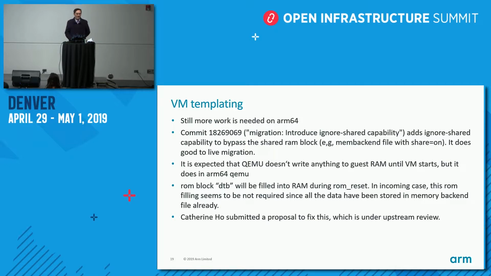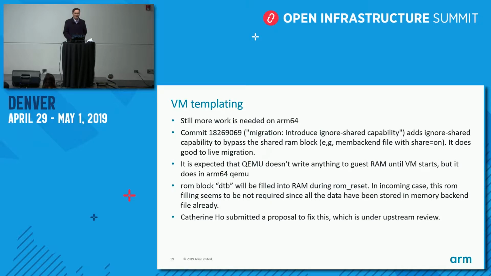The root cause is that it is expected that QEMU doesn't or shouldn't write anything to the guest RAM until the VM starts, but it really does in ARM64 QEMU. For example, in the virt machine, the ROM block DTB, which contains the device tree information, will be filled into RAM during ROM reset.